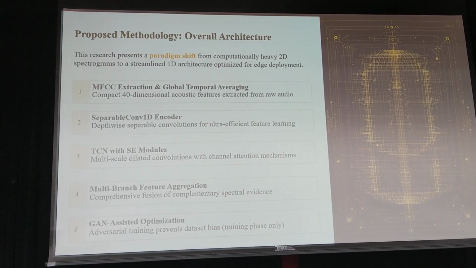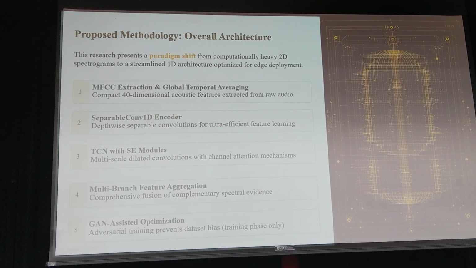Second, a depthwise separable 1D convolutional encoder to completely bypass 2D computation. Third, a temporal convolutional network, or TCN, integrated with a squeeze-and-excitation module to capture long-range dependencies.